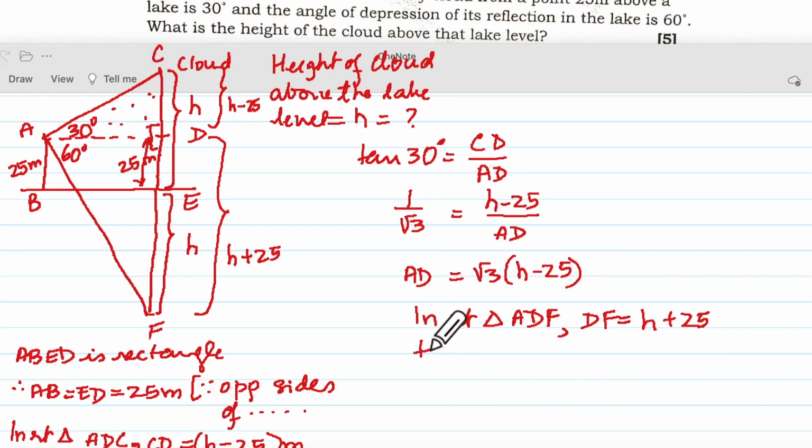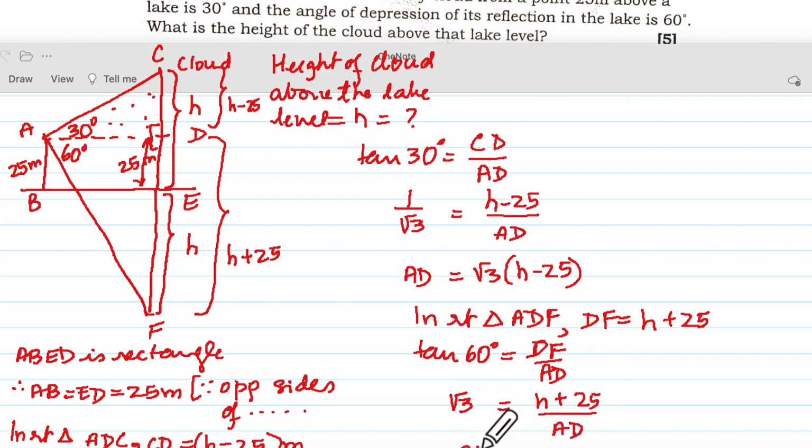And which tan will we take in this triangle? Tan of 60 equal to DF upon AD. So root 3 equal to DF, which is H plus 25, upon AD. Now AD for us is of no use. So take AD equal to H plus 25, the whole thing upon root 3.